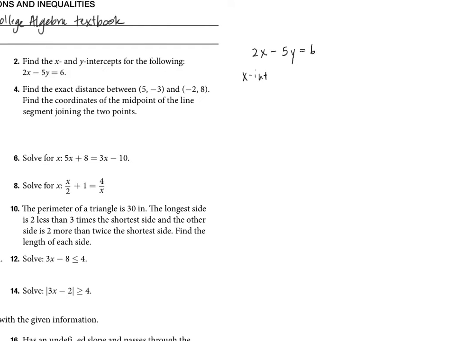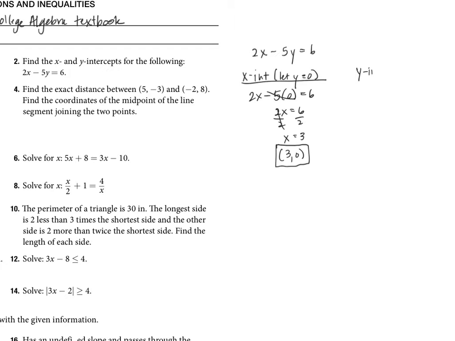So if you're finding the x-intercept, we're going to let y equal 0. So 2x minus 5 times 0 equals 6. That's just going to be 0. So we have 2x equals 6, which means x equals 3. So we have (3, 0) as the x-intercept.